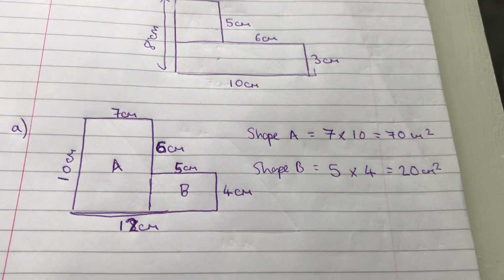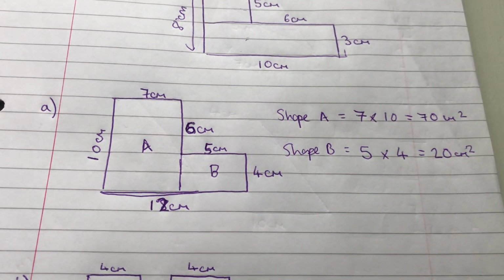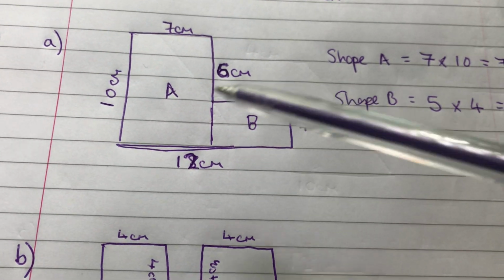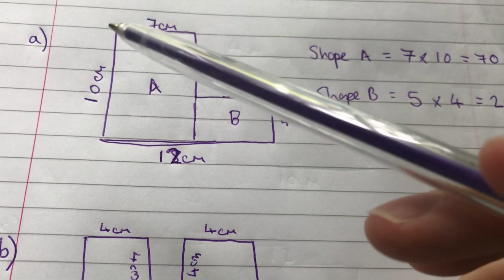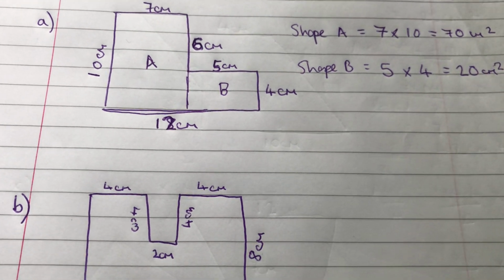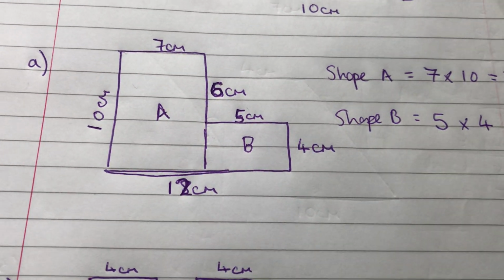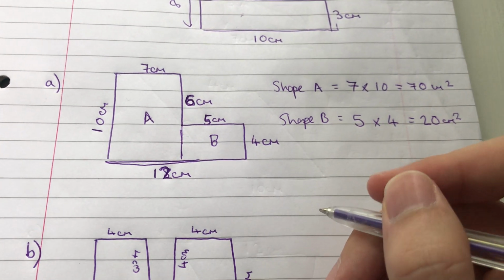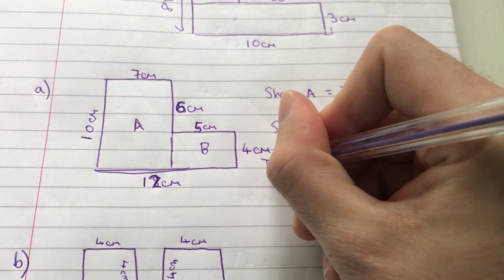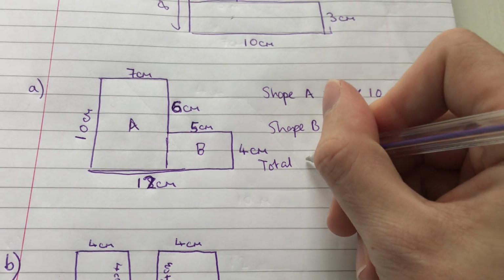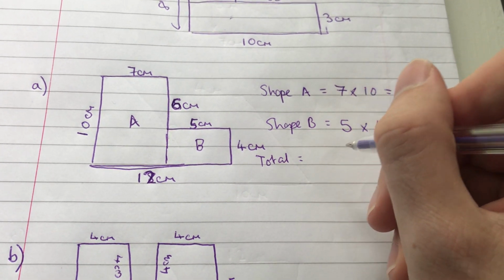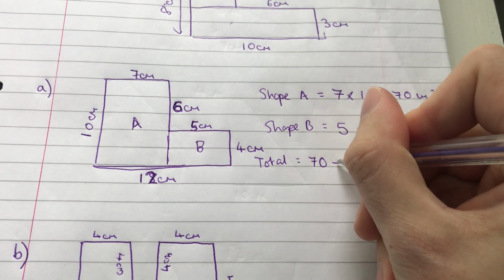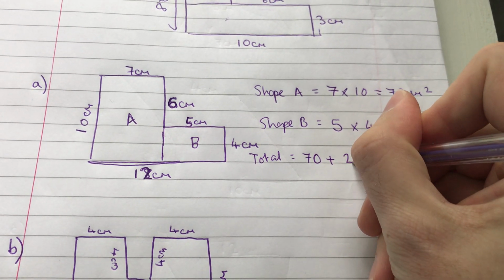Okay. So, we have the area of both shapes, but we know this compound shape is made up from both the shapes. Or you could say both the shapes are added together. So if both the shapes are added together, then the total would be the area of shape A, so that's 70, plus the area of shape B, which is 20.